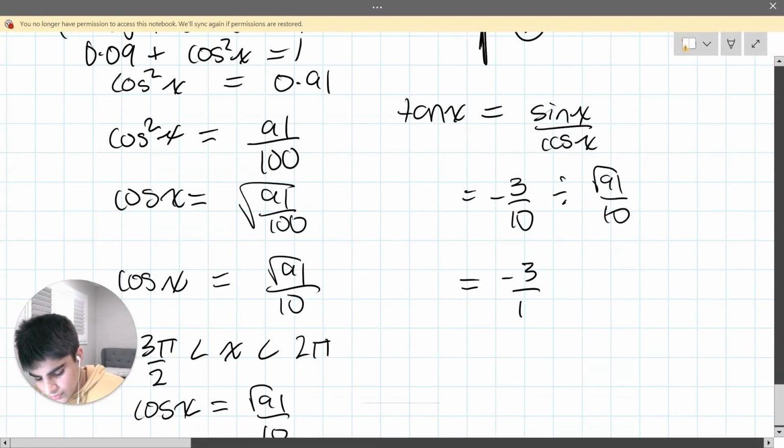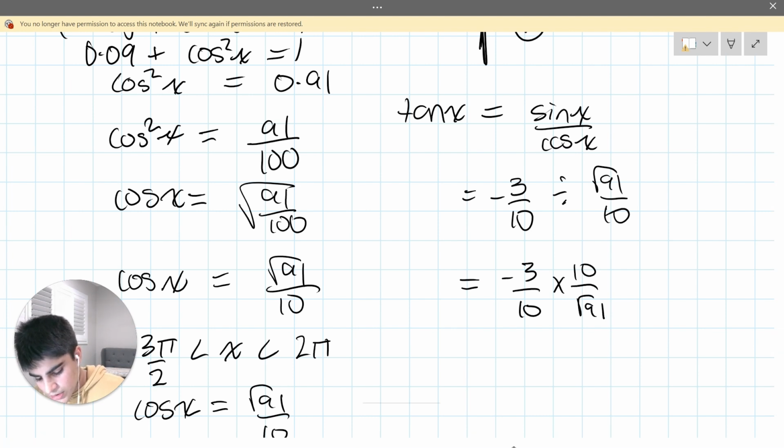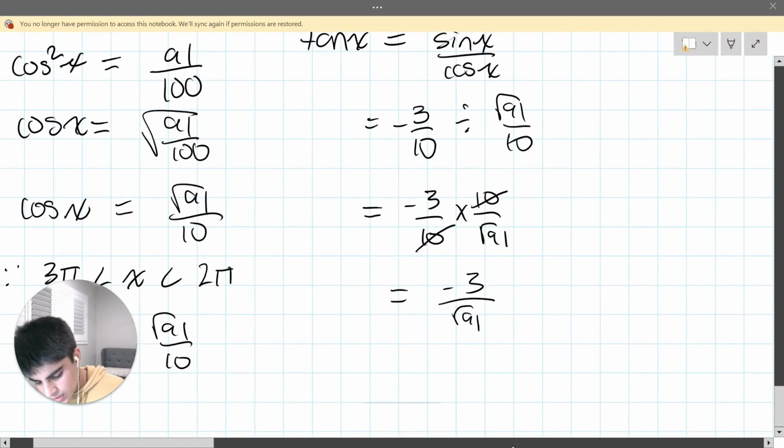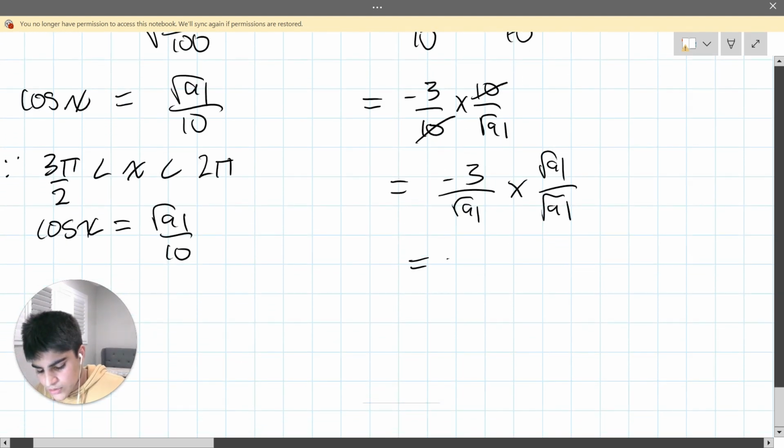This equals negative 3 over 10 times 10 over root 91. Let's cancel this. This equals negative 3 over root 91. Let's rationalize the denominator now. Times root 91 over root 91. This equals negative 3 root 91 over 91.